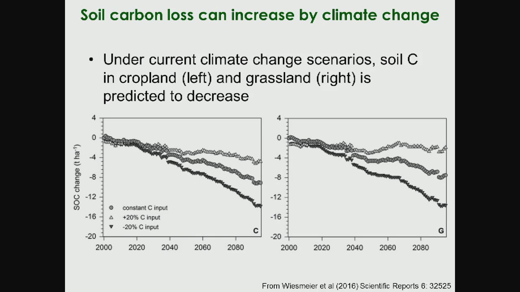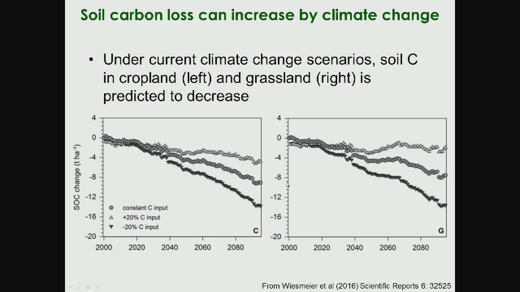So therefore, if we are to stay as we are, so if we are to have our carbon input into the soil at a current constant rate, then we will still see a drop in our soil organic carbon over time, as modelled here. This graph is cropland, this graph is grassland, and both models are showing similar patterns.